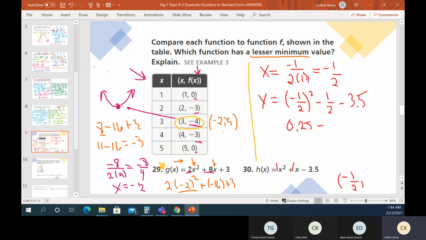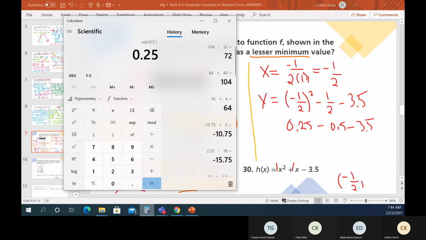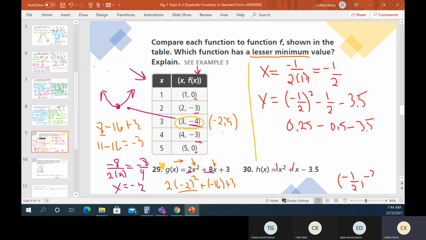And then minus 0.5 and minus 3.5. All right, going to be close. So we've got 0.25, and we say minus 0.5, and then minus 3.5. So that's 3.75. So our second point is minus 3.75.